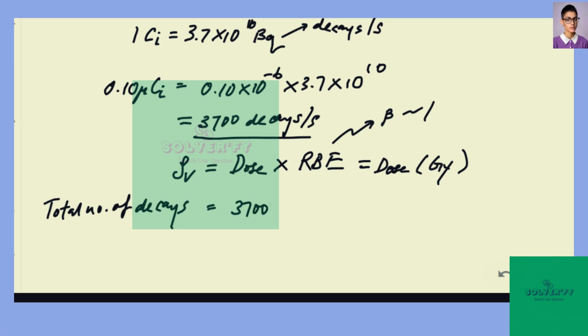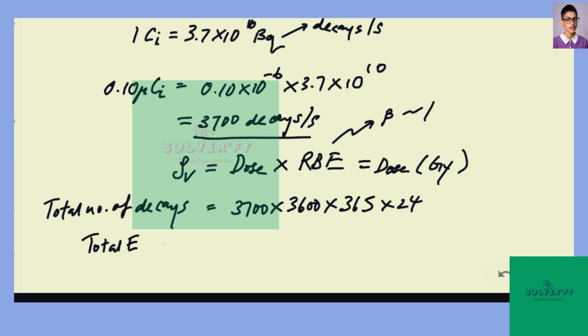That is 3700 multiplied by the number of seconds in an hour. Sorry, the number of seconds in an hour. So we still have to multiply that by 24 hours a day, then 365 days a year. This is the number of decays in a year.